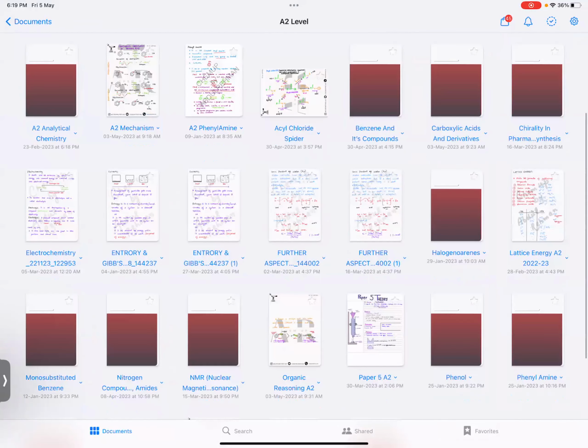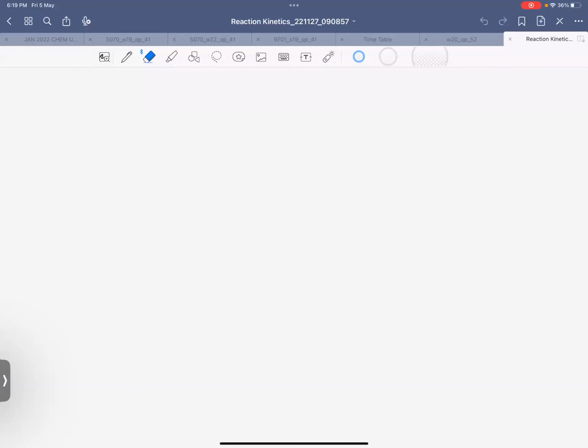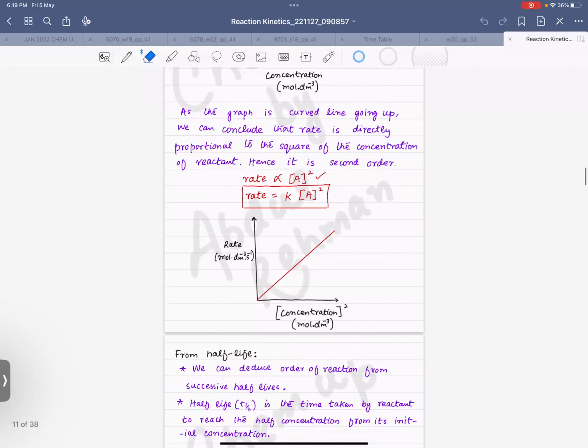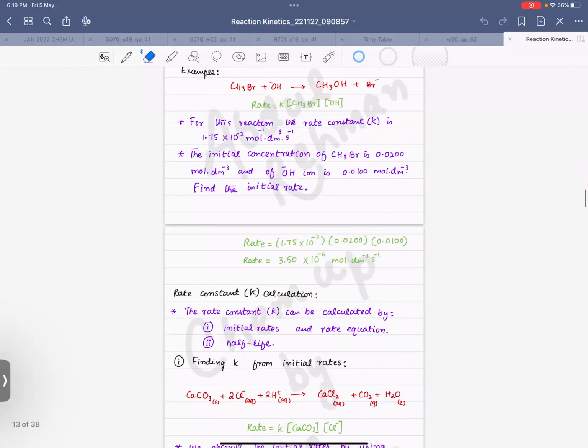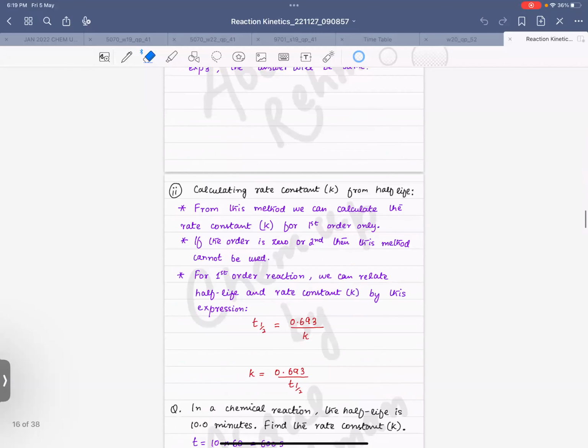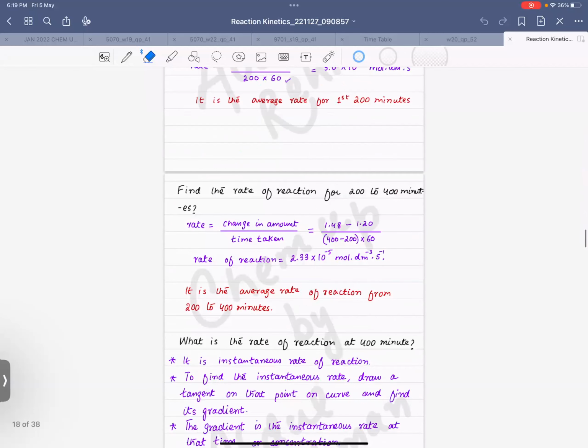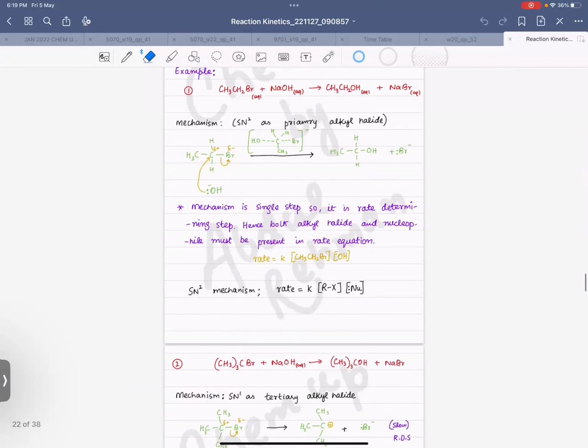Sir, I think the gradient will be EA over R. No. One minute. Here I have discussed this relation. Let me find where it is.